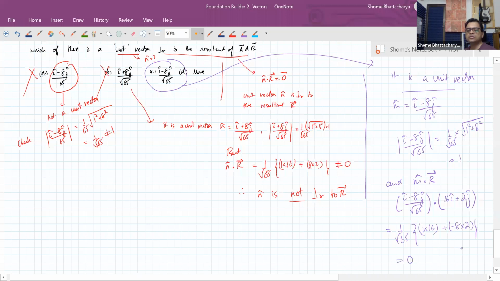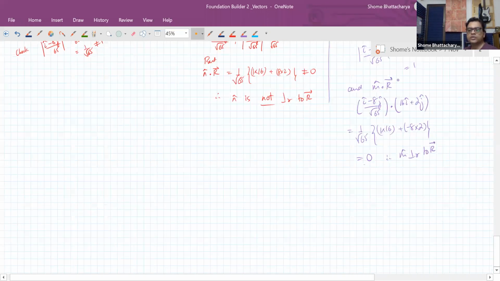So that is in fact 0. So that means yes, this is the one. Therefore m cap is perpendicular to r, and that becomes the correct option.